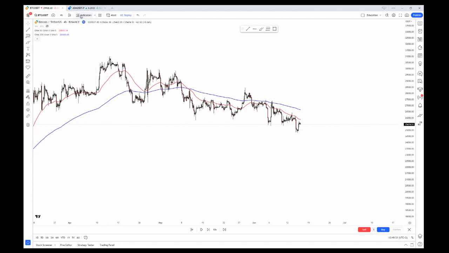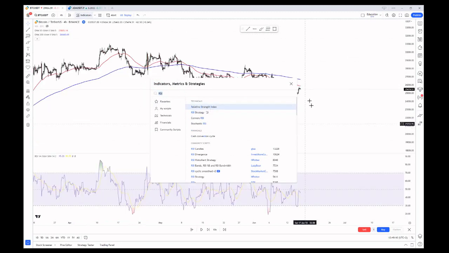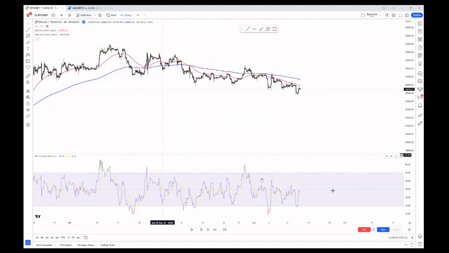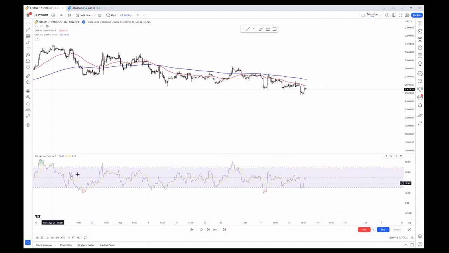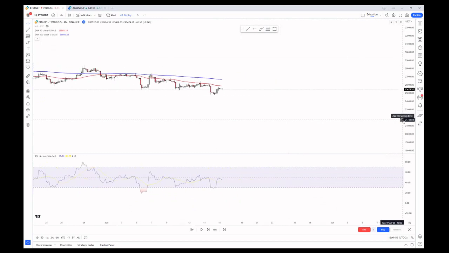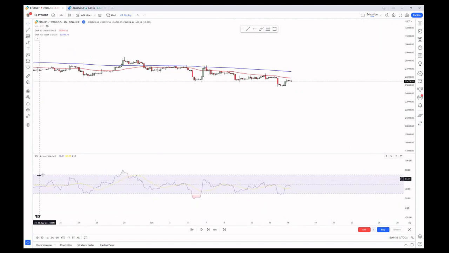So how do you get that on your chart? Indicators, you search RSI, and you see here the relative strength index. As you can see, it is a line.